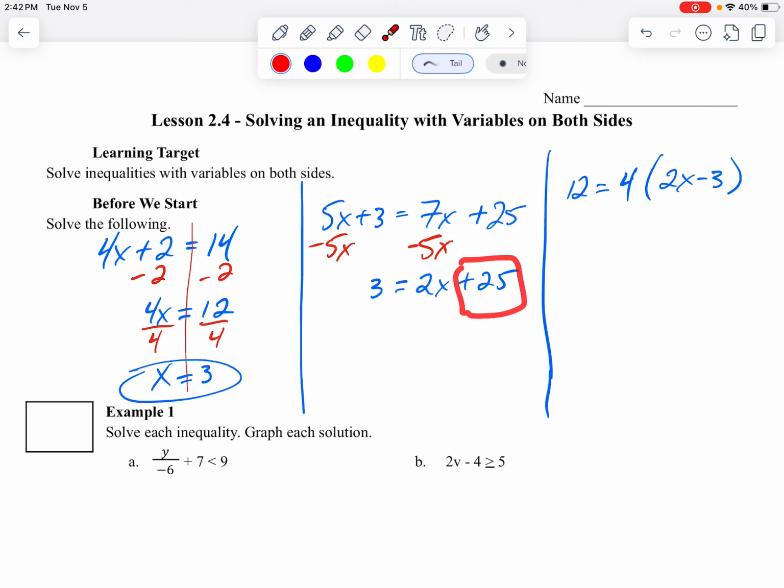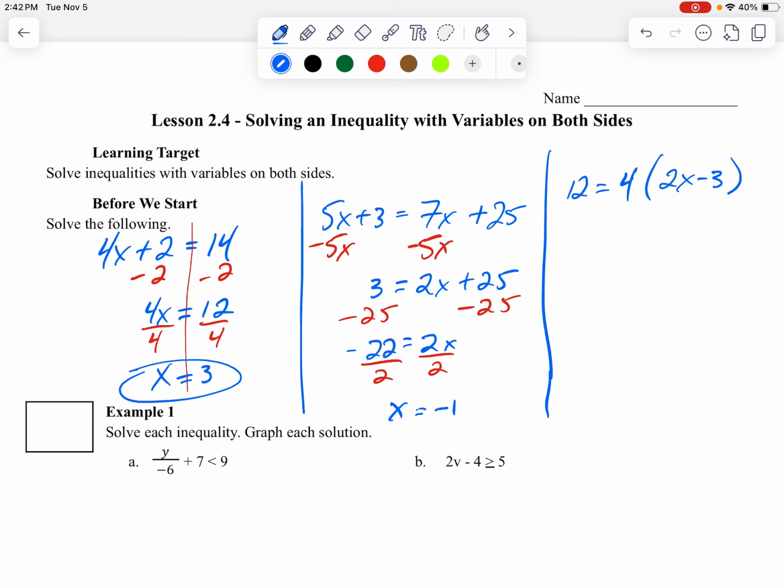That means I need to get rid of this. So I'm going to subtract 25 because that's a positive 25. And we end up with negative 22 equals 2x. Final step, just like before, remember 2x means 2 times x. Divide by 2, divide by 2. x equals negative 11.